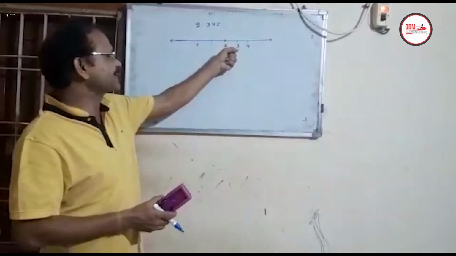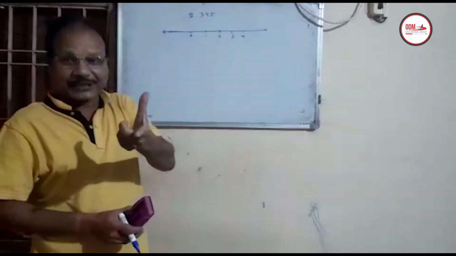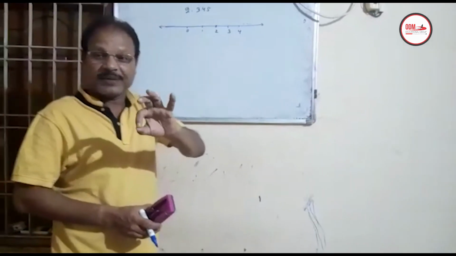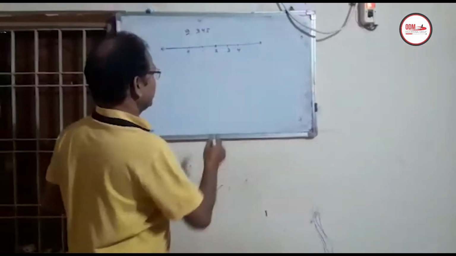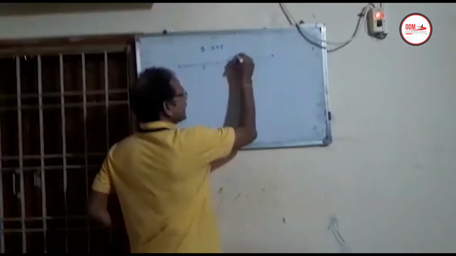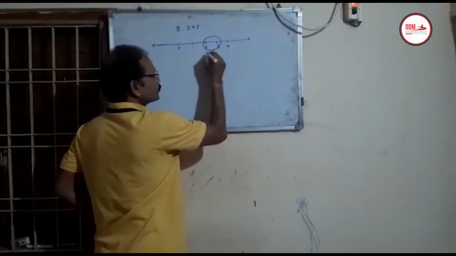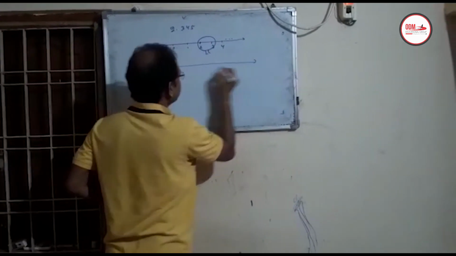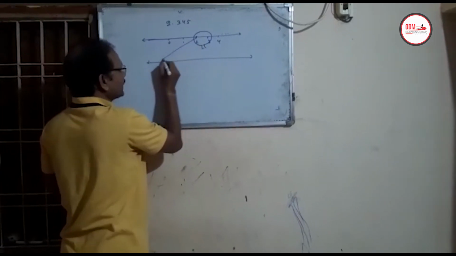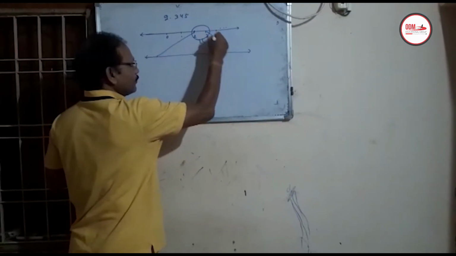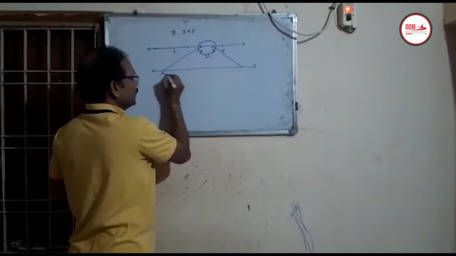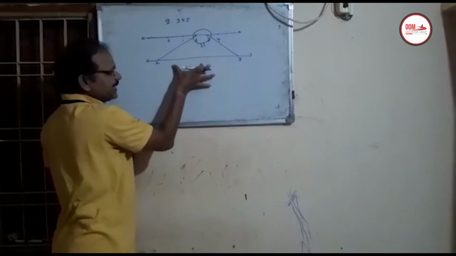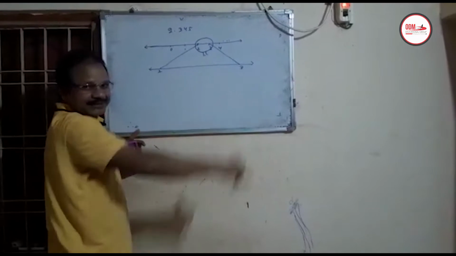If you keep a lens here, then this length will be increased, so it will be easy for representation. Now 2 will be here, and 3 will be there. It is 2, it is 3.